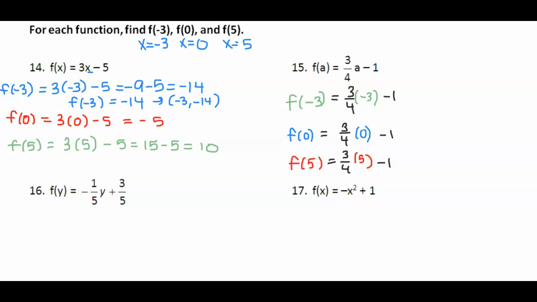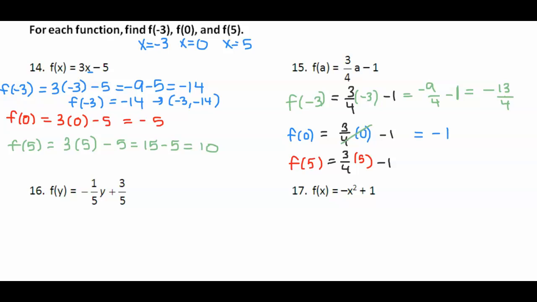But in number 3, if you plug in that -3, you get -9 over 4 minus 1. So -9 minus 4 would give -13 over 4. Plugging in 0, that part of the problem cancels.